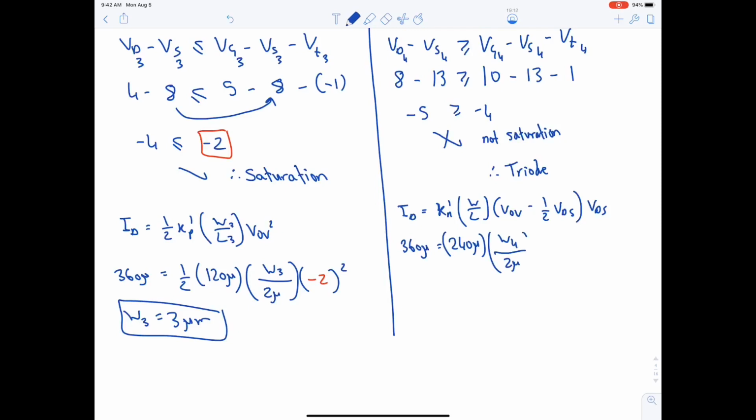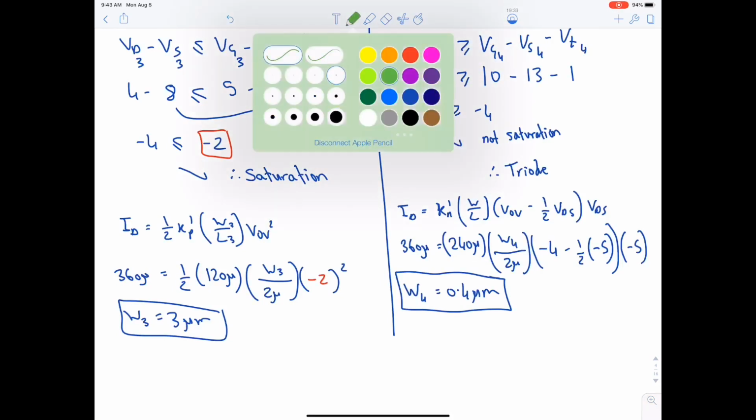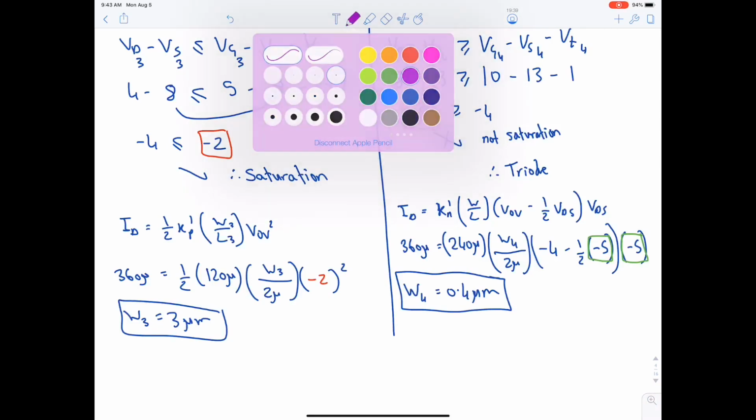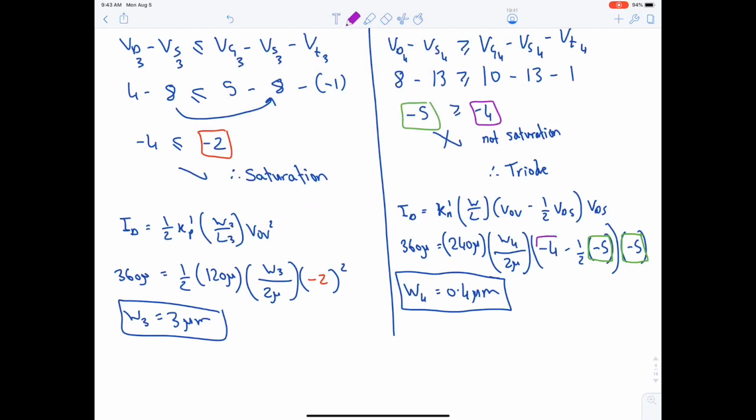L4 is 2 micro. VOV is minus 4. Minus half VDS is minus 5, and again minus 5. Once you solve this, you will get 0.4 micrometer. This question is simple, but it's very long. Okay, by the way, I took minus 5 from here and minus 4, it's here.